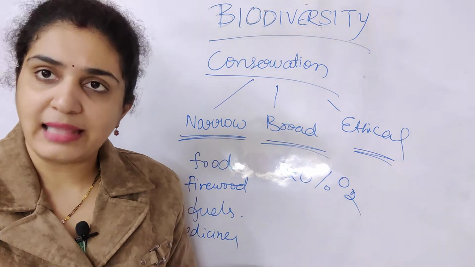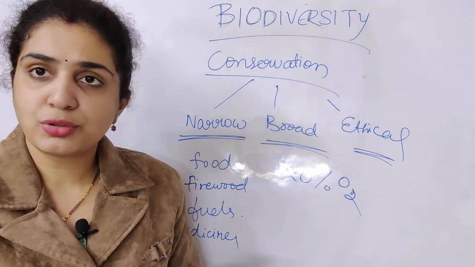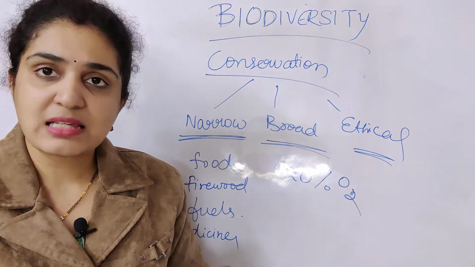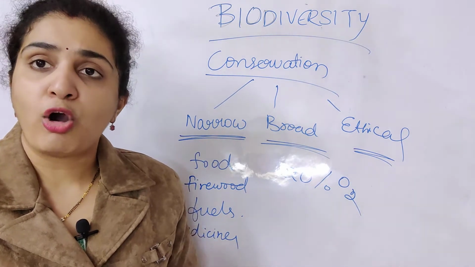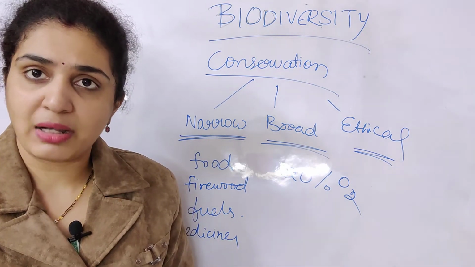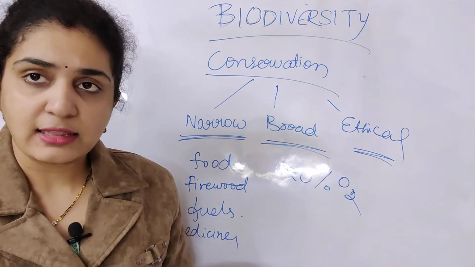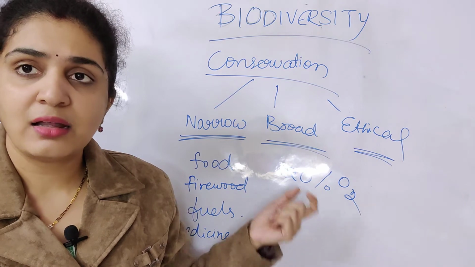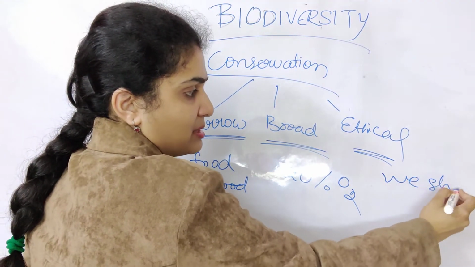And it is ethical also, that the persons who are surviving with you should be happy. So the plants as well as animals, because they are sharing the planet with you and they are contributing so much to the environment, we all should conserve the biodiversity. So under the ethical argument, we share the planet with plants and animals.